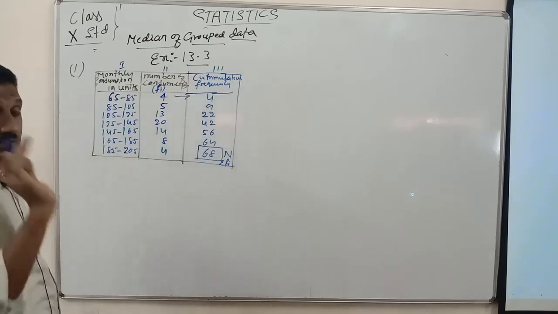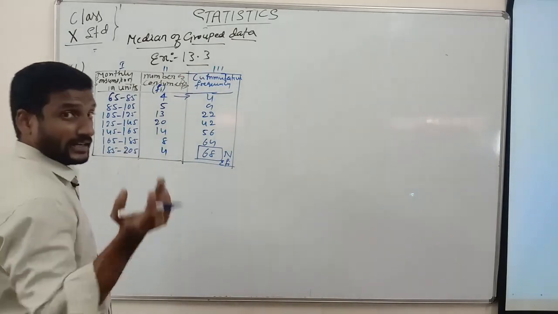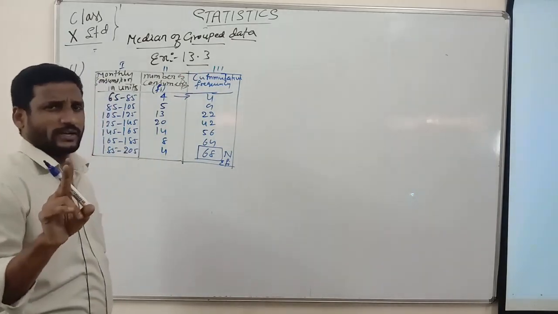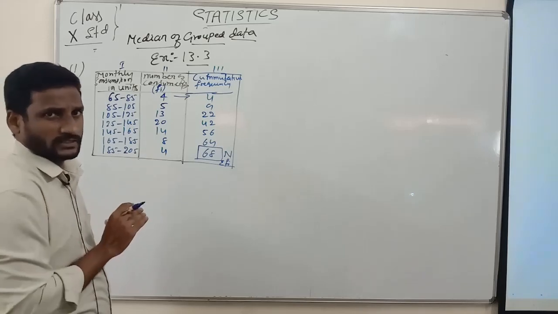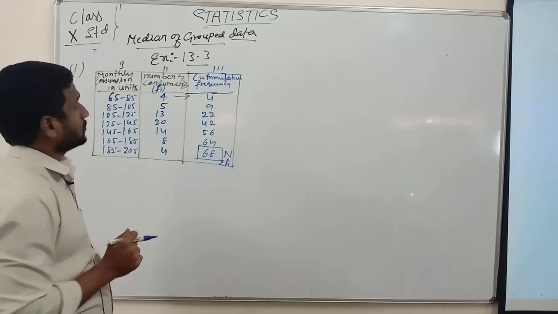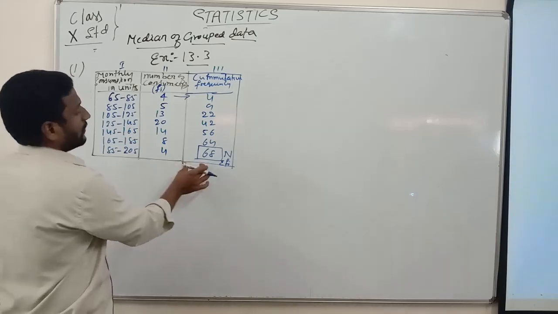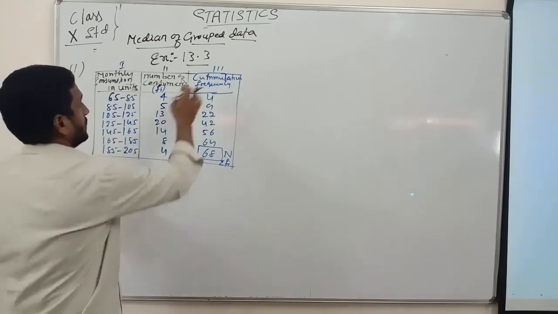While calculating mean, 4 columns. For mode, only 2 columns, the two columns given, and I calculated mode with those. Median requires 3 columns, so 2 columns are already given and we add only 1 column, the cumulative frequency.